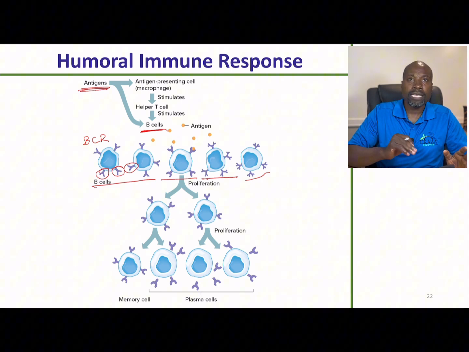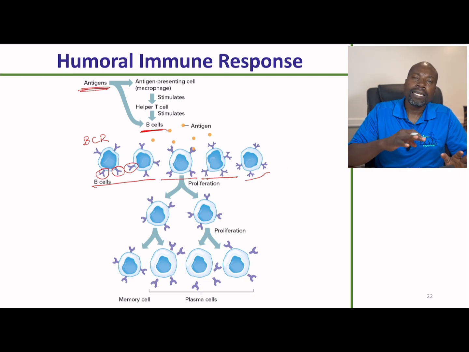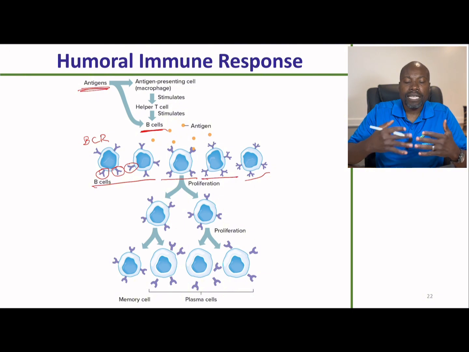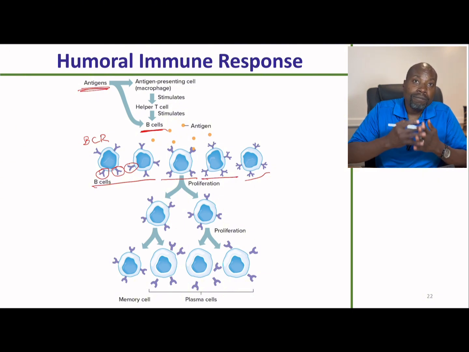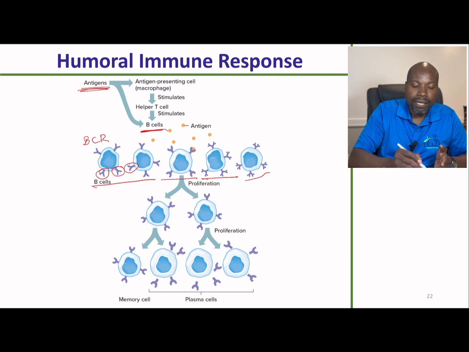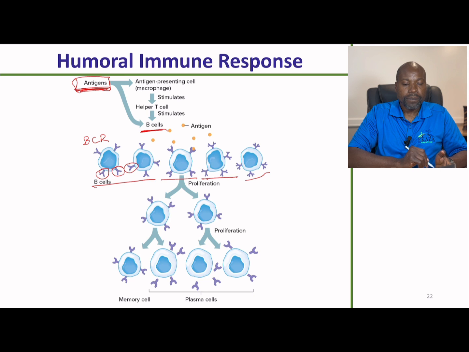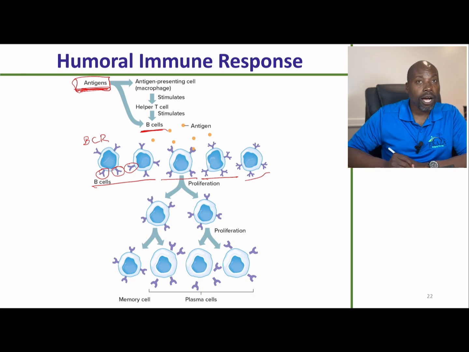So the question is, which of the B cells is going to undergo proliferation for the specific protection against this antigen right here? This is when the story becomes important when it comes to humoral immune response.